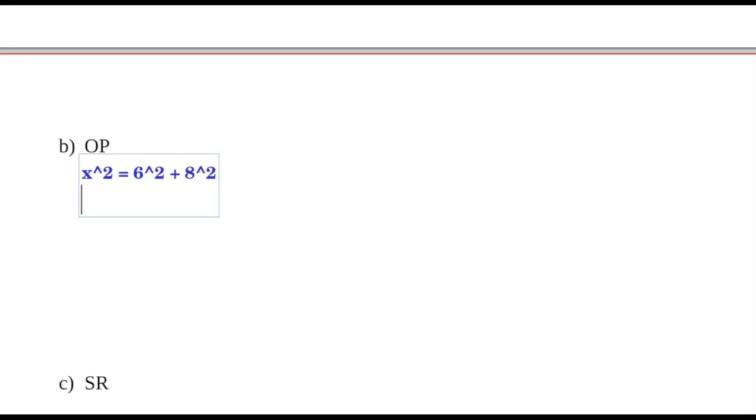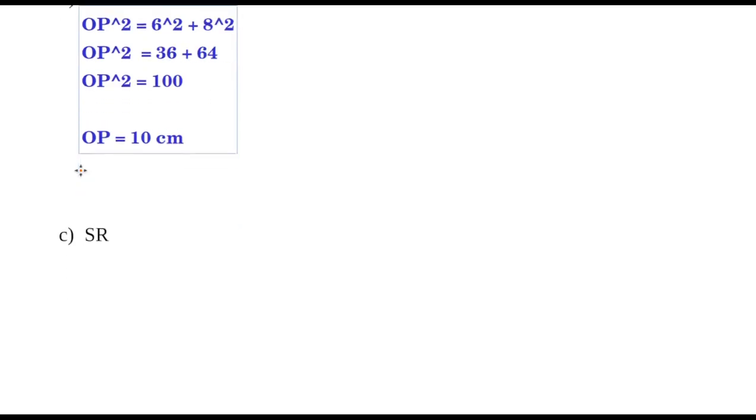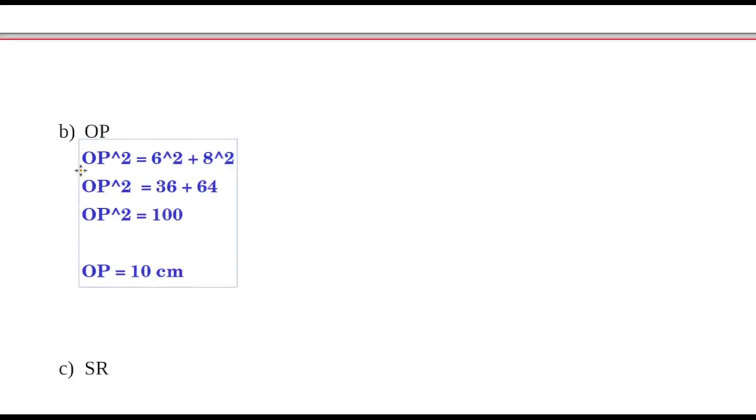Then let me use the OP here. So OP squared is equal to 6 squared, which is 36, plus 8 squared, which is 64. So OP squared is giving me 100. The square root of 100 is 10. This is 10 cm.